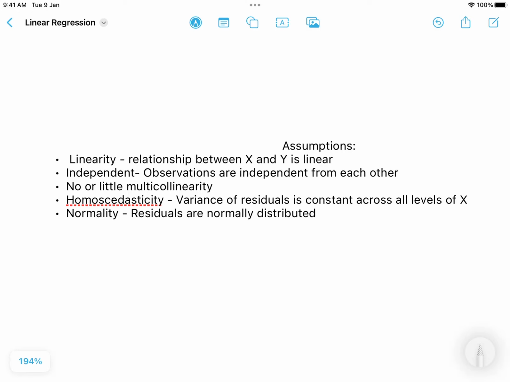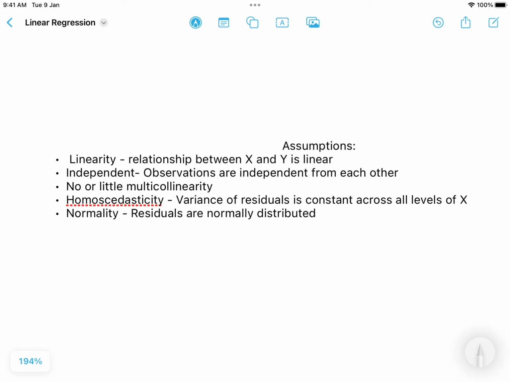Next is homoscedasticity. What is homoscedasticity? The variance of residuals. What are residuals? Residuals are the error terms, which I am going to explain in this class only. What is error?